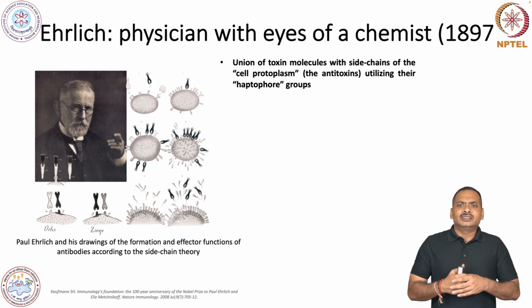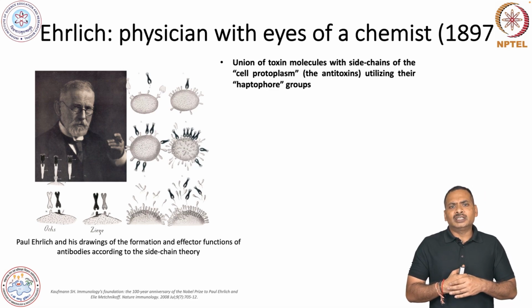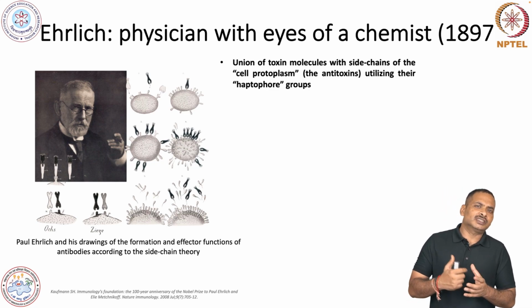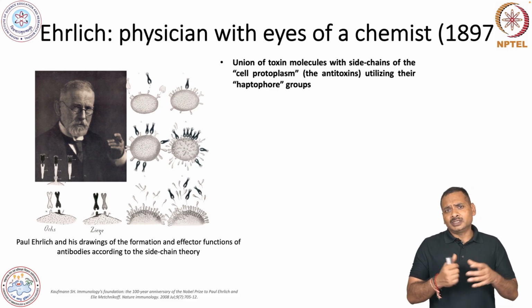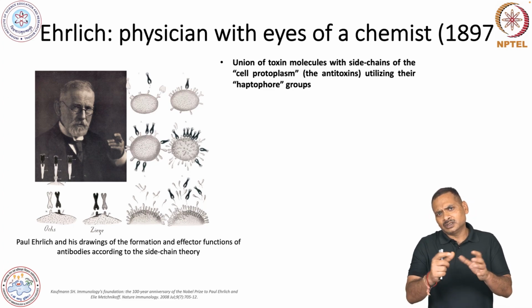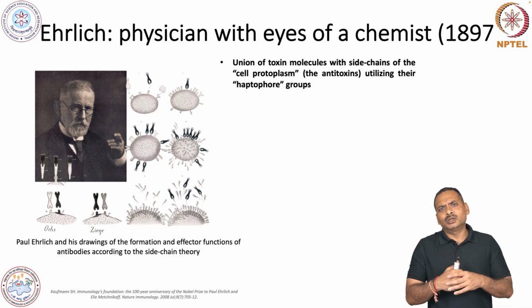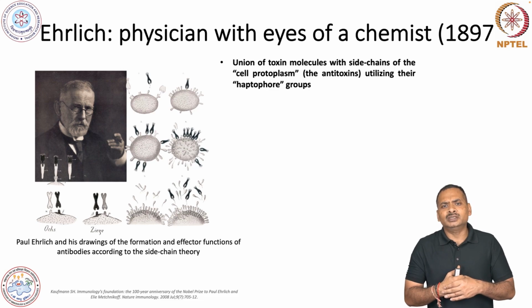This side chain is basically a cell protoplast which is antitoxin in nature, and he also called it a haptophore. Because there was no clear word for antibody, initially he called it an antitoxin.